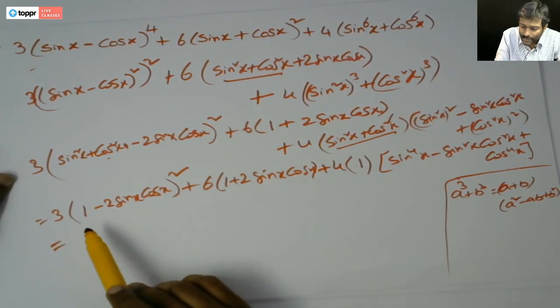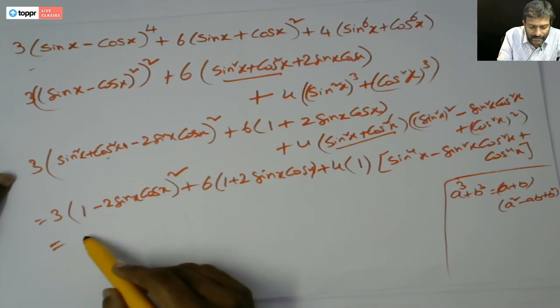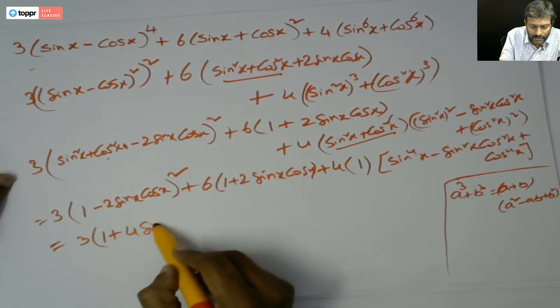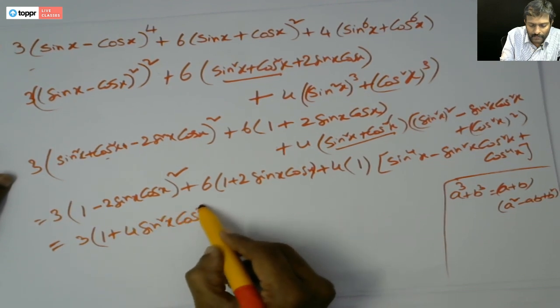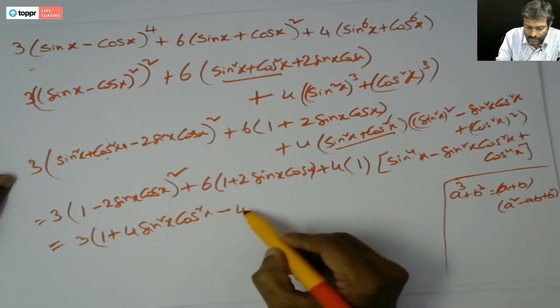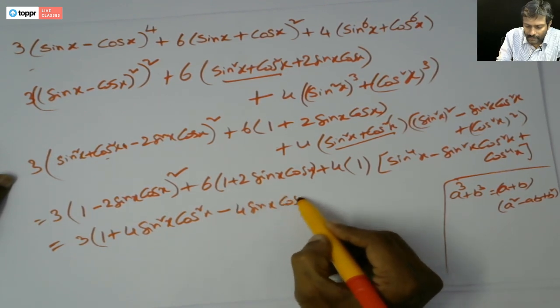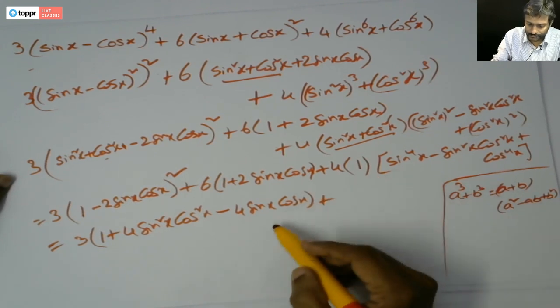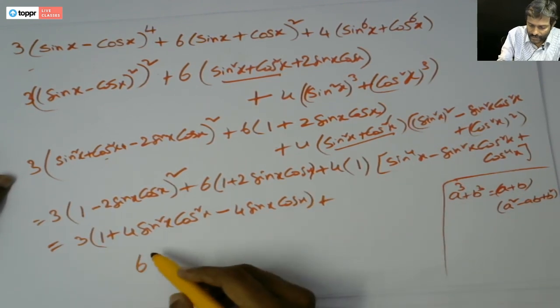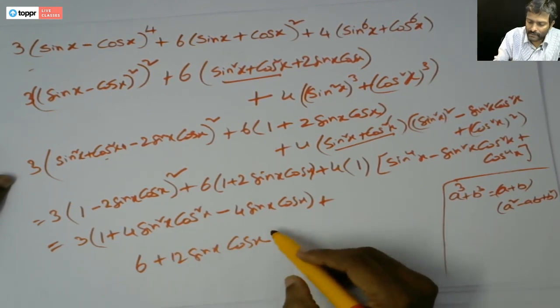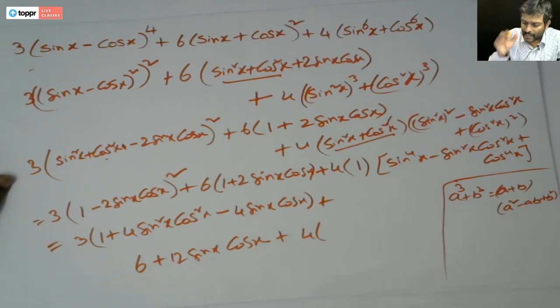Now when we expand this, it is 3 times (1 plus 4 sine square x cos square x minus 4 sine x cos x), right? Plus 6 plus 12 sine x cos x plus 4 times.